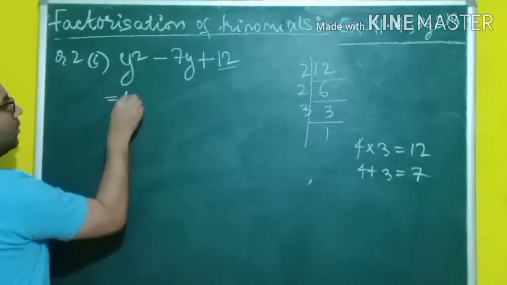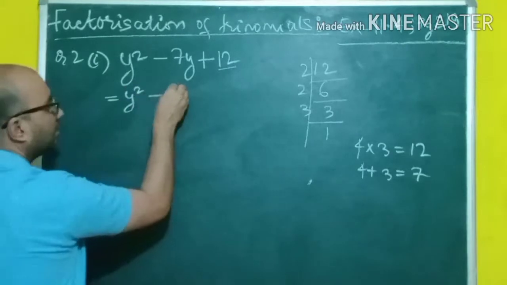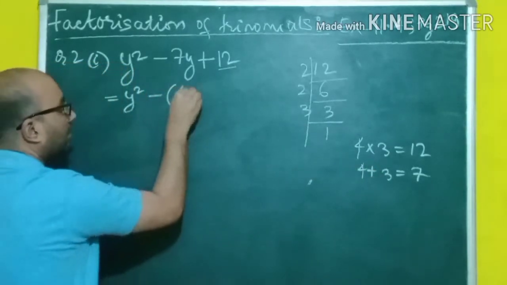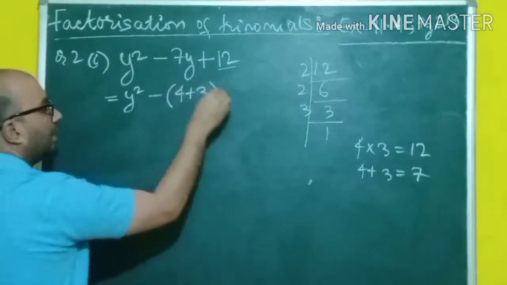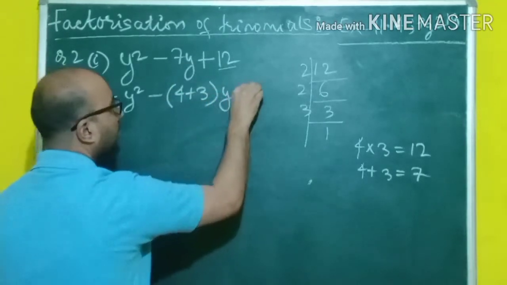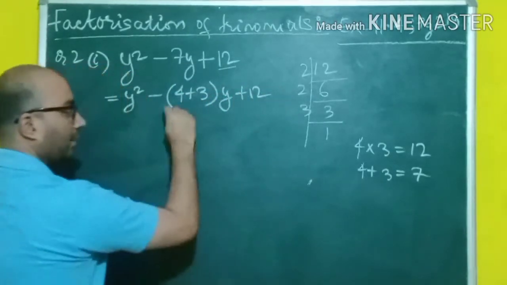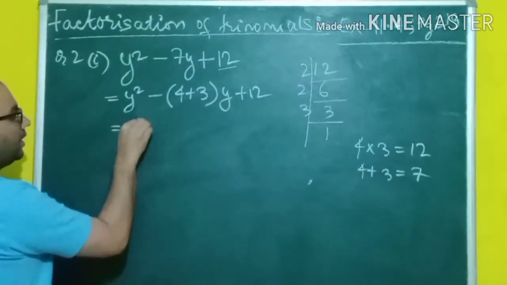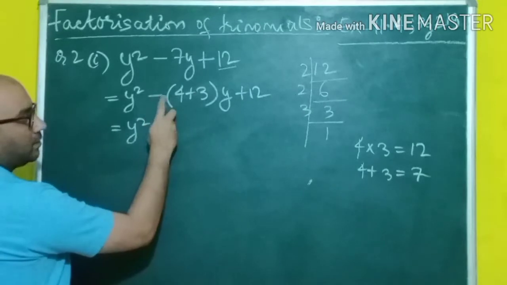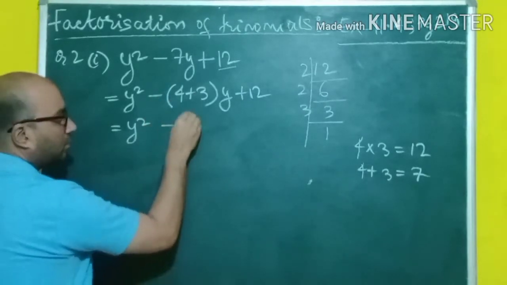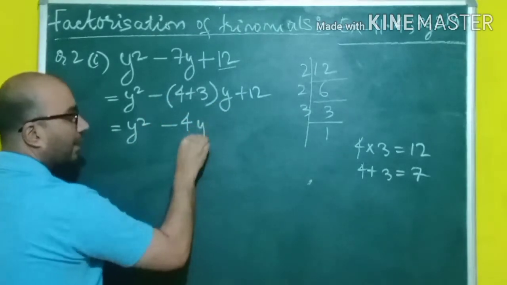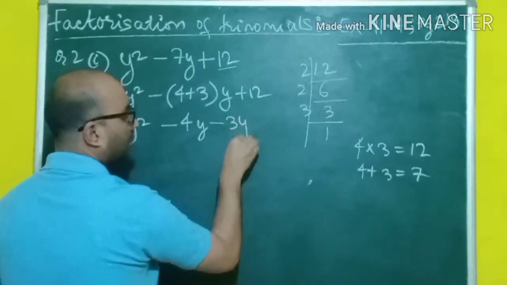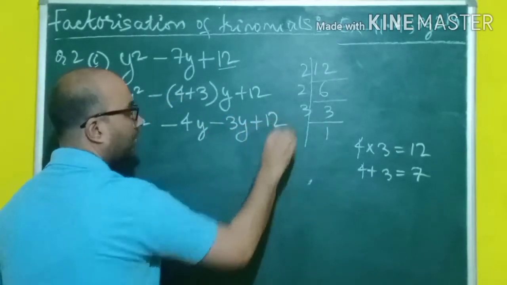Now let us try to incorporate this in the sum. So this is equal to y square minus, instead of the 7, what will we write? Our factors are 4 plus 3 and then the y plus 12. Now according to the board master, what we'll do, we'll open the bracket. So y square, minus into plus gives us minus 4y, and then minus into plus gives us minus 3y plus 12.